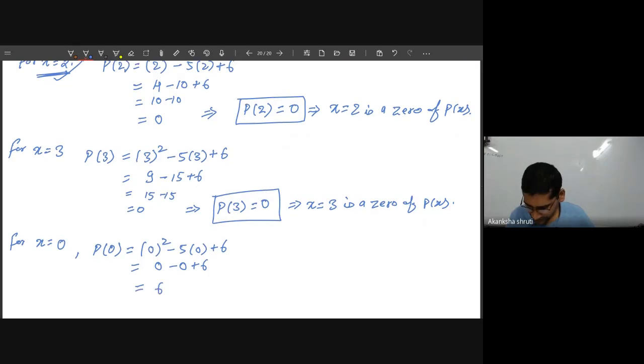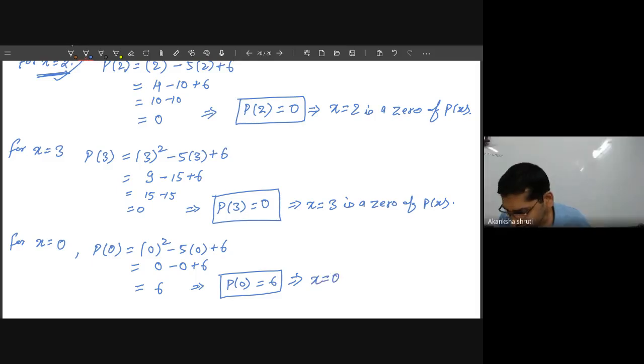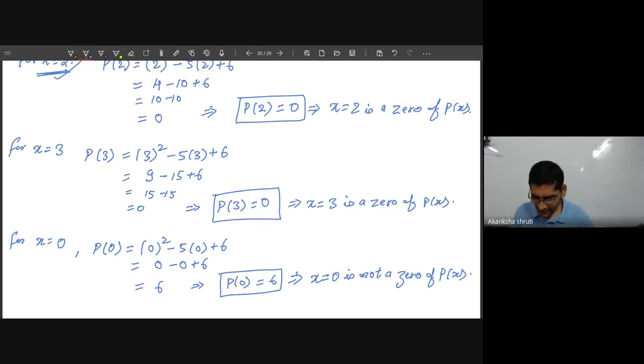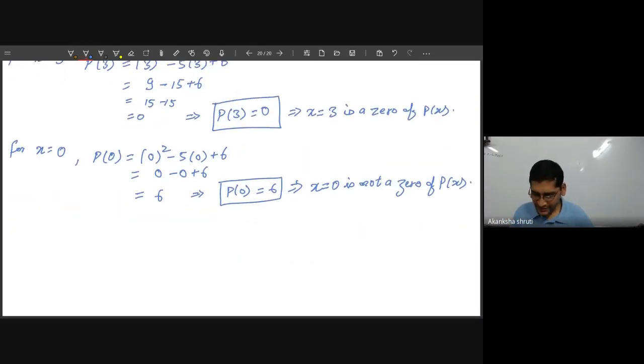So this is only a constant term. The value of polynomial p of 0 is equal to 6. So is x equals 0 a zero of the polynomial? No. So this implies x equals 0 is not a zero of polynomial px.